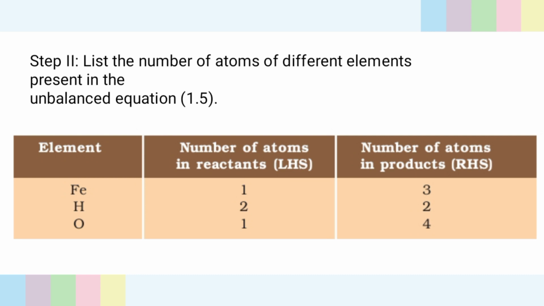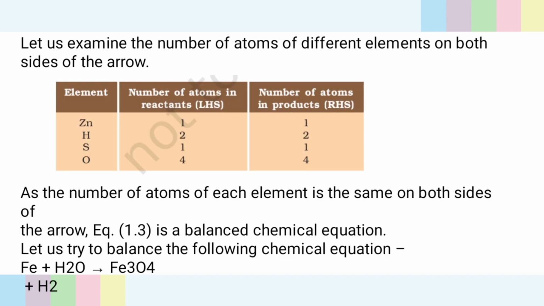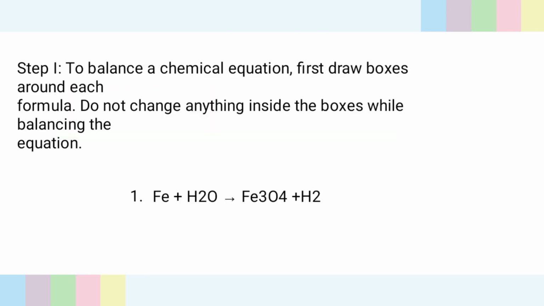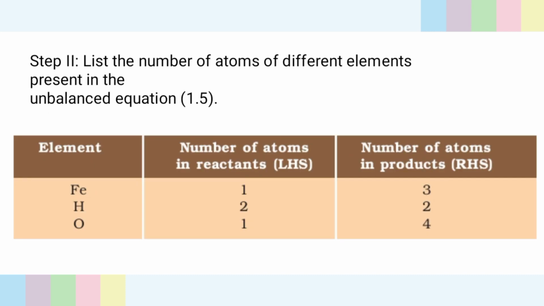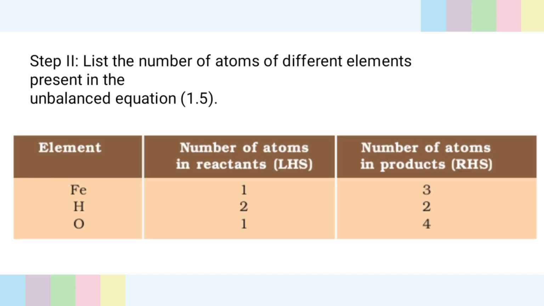So in the reaction we saw 1 atom of Fe in the reactants, and we got 3 atoms of Fe on the product side. So that means here you have an imbalance of the atoms on both the sides.